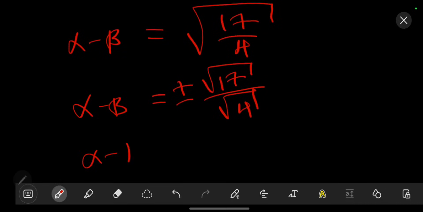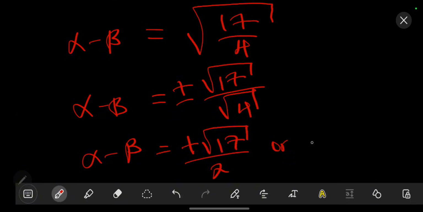So the value of alpha minus beta is equal to either positive square root of 17 over the square root of 4, which is 2, or you can take the negative, in which case alpha minus beta is equal to negative the square root of 17 over 2. So we have taken plus or minus like that. So that is how we find the value for that one.